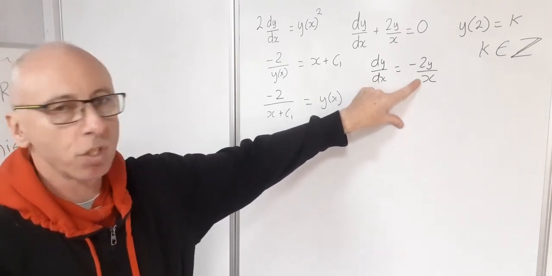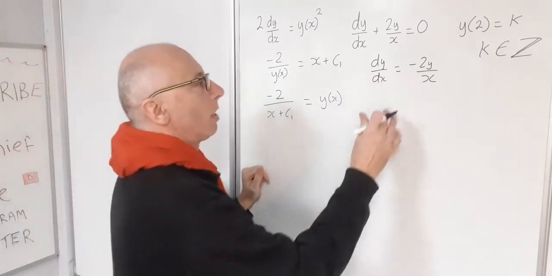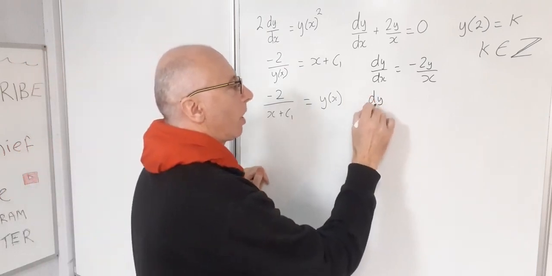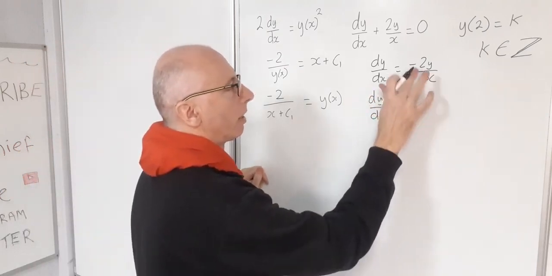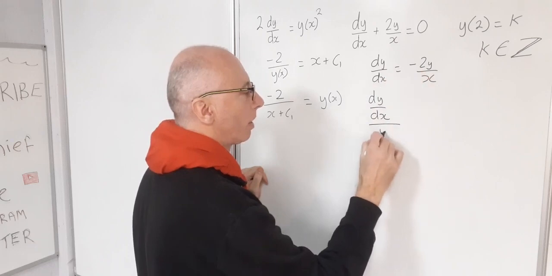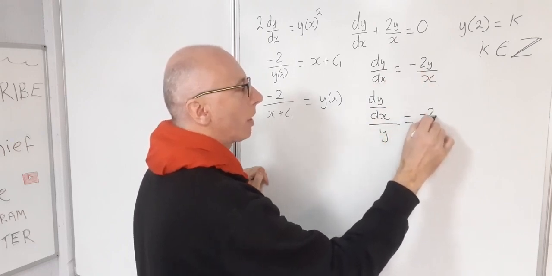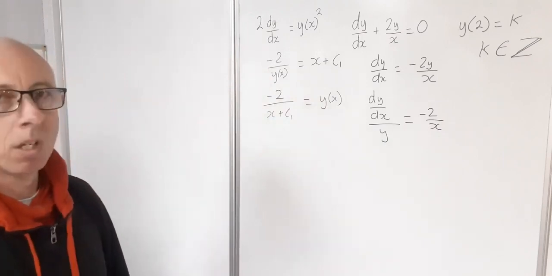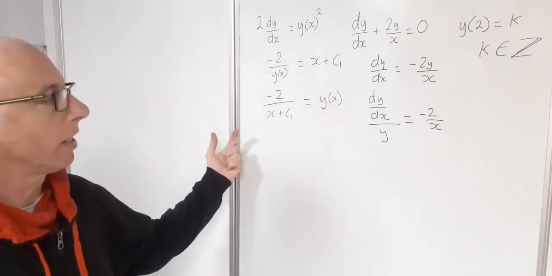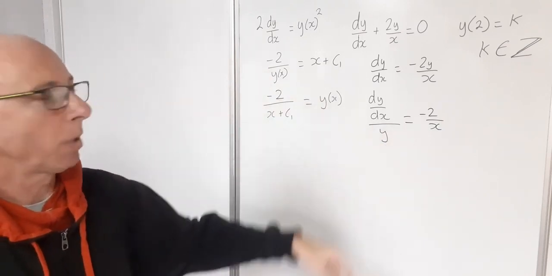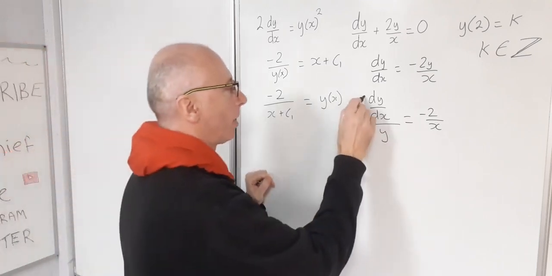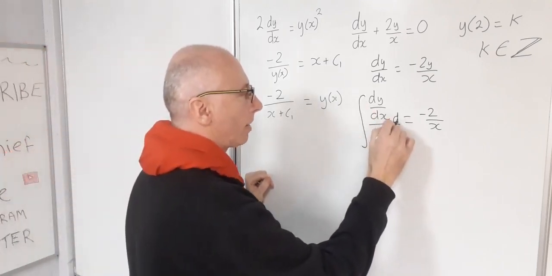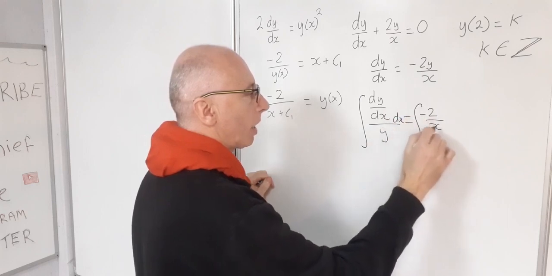So I'm going to leave the minus 2 over this side as well. So now I'm going to have dy/dx divided by my y, and then that will equal minus 2 over x. Okay, so as we did on this side, I'm now going to integrate both sides with regards to x. So a nice big integral there and a dx, and a nice big integral there, dx.